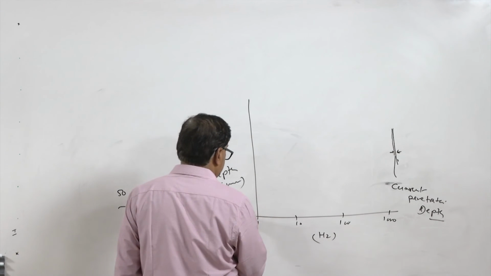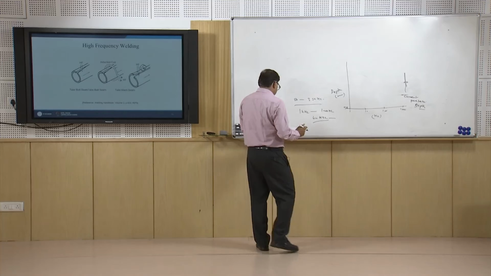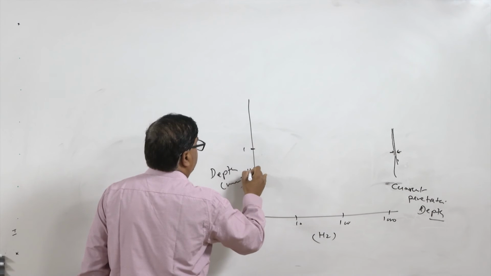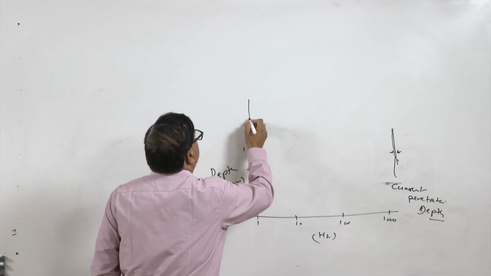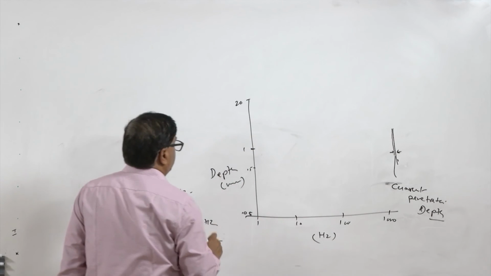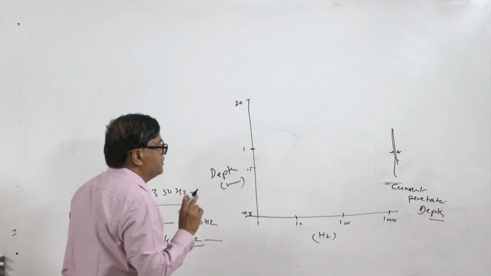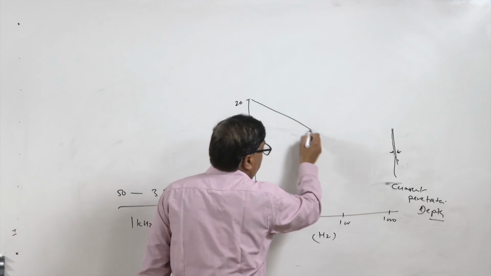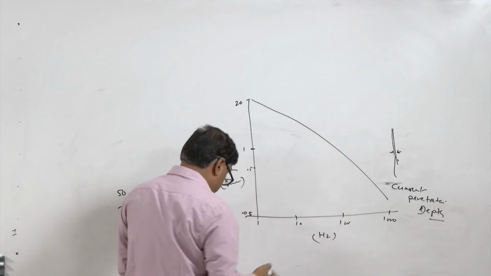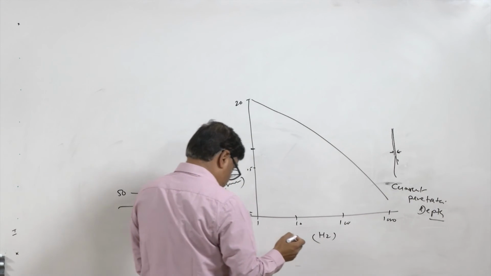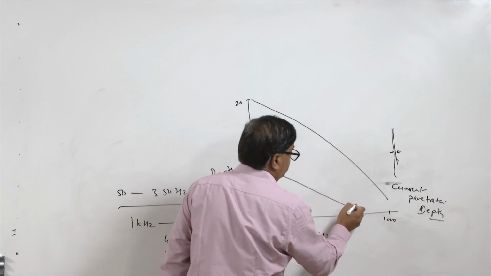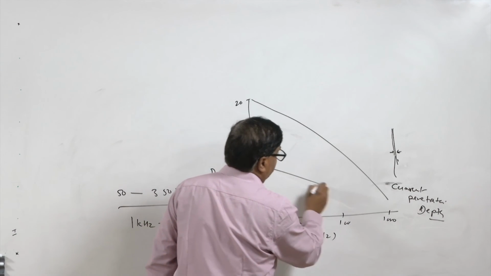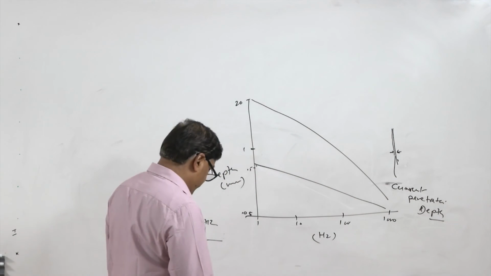So, here if say this is 0.05 in mm, then here it is like say 1.5 and say 20, depth by which current is able to penetrate to the surface. So, here it comes down directly like this, and here it comes down like this. So, for the different metal systems, this is the kind of band which is observed.